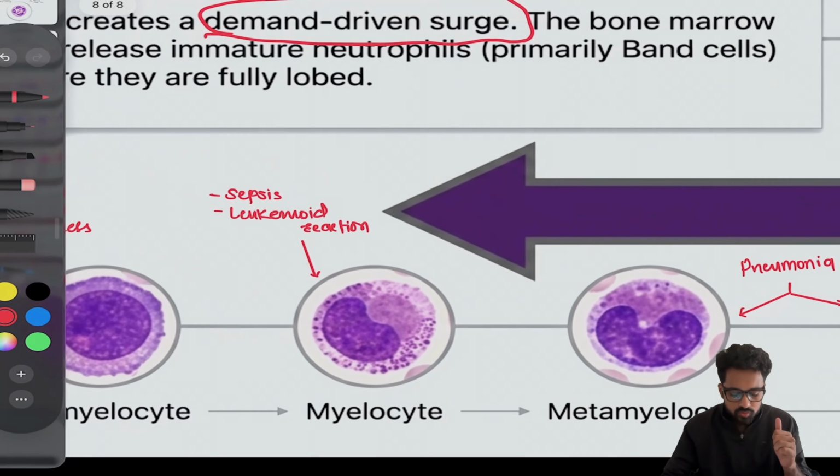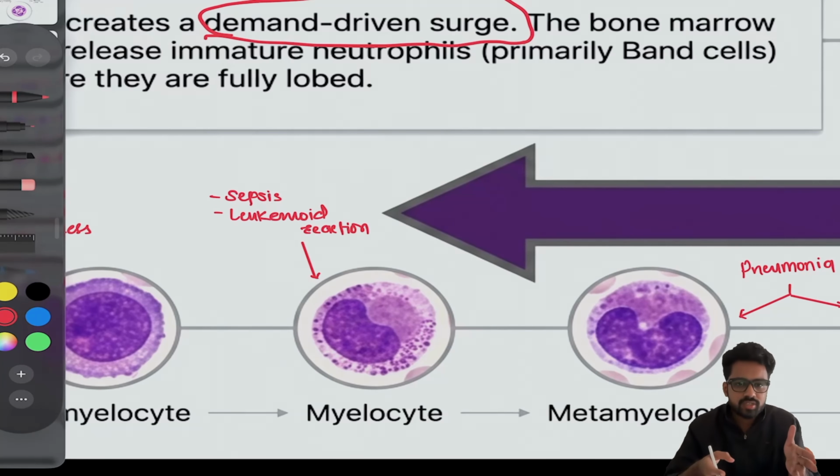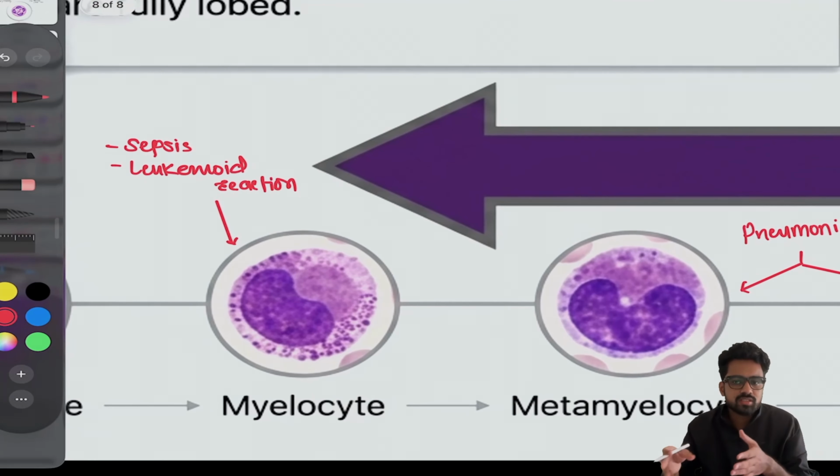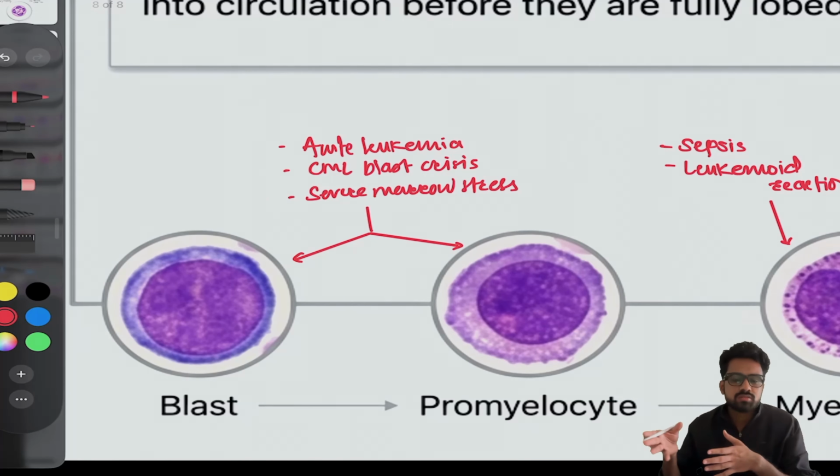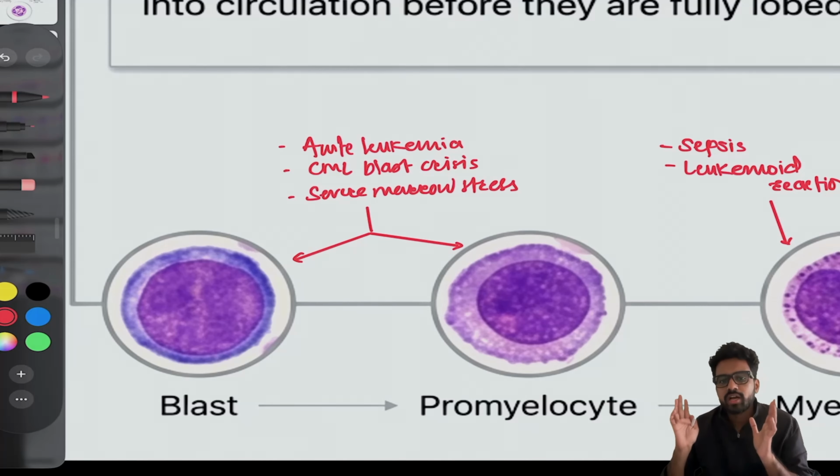If you get a shift up to the myelocyte, then you can commonly see this in sepsis and leukemoid reaction. If you get left shift up to promyelocyte or even up to the blast, then you can see this most commonly in acute leukemia, CML blast crisis and severe marrow stress. You can also get a few blasts. So always correlate with the clinical symptoms and signs of the patient.